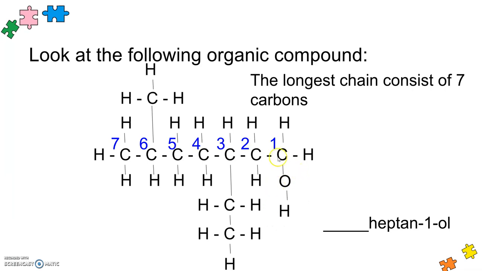You will also see that in this carbon chain, I have 7 carbons, which means the name that I will have up till now will be heptan-1-ol. The -ol showing me the homologous series, the 1 showing me the position of the functional group, and the heptan showing me how many carbons I can find in the longest chain.